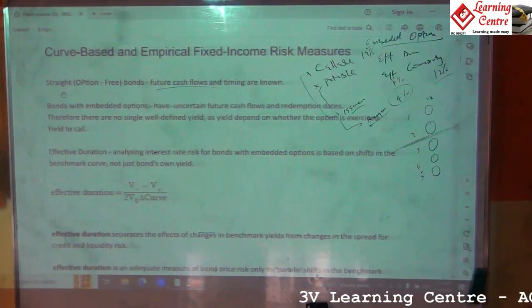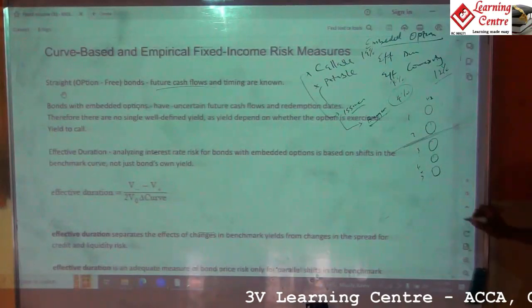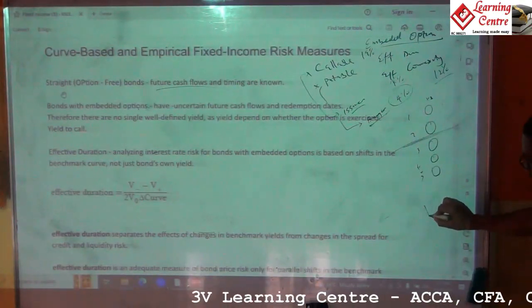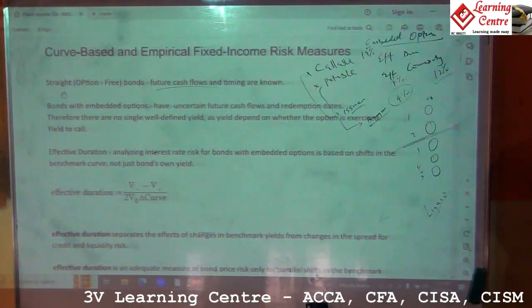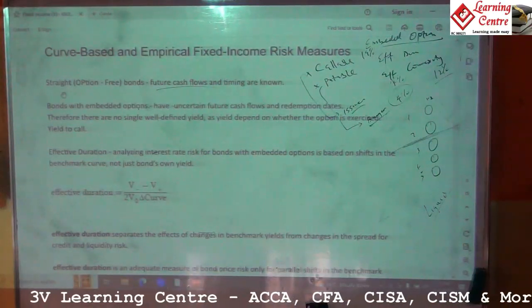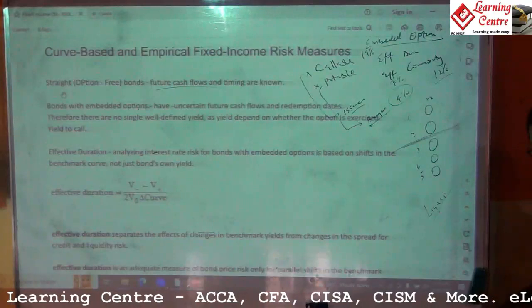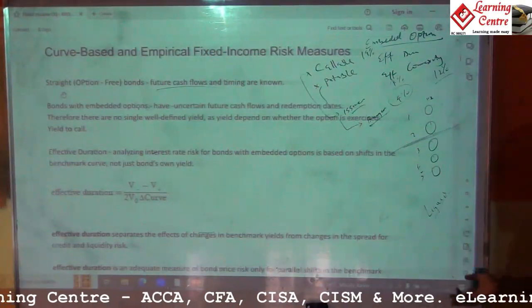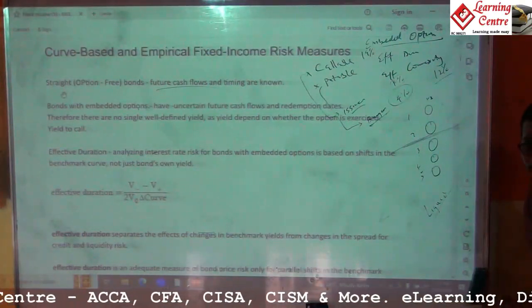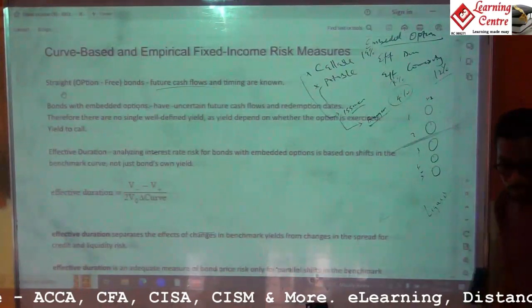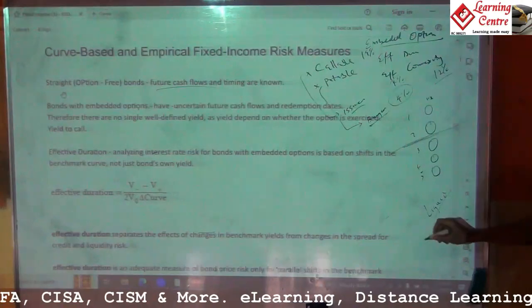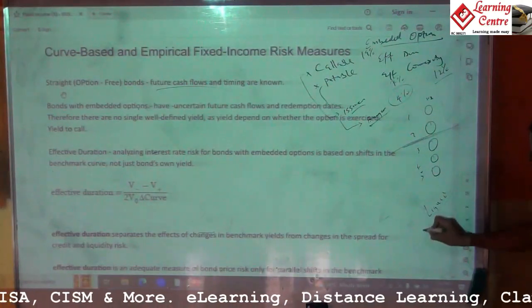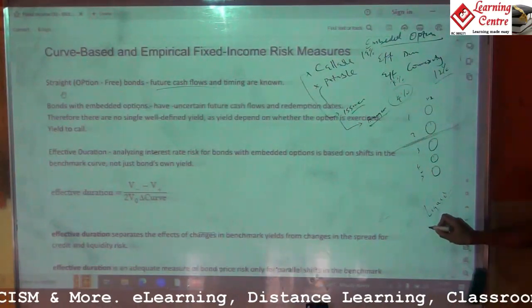Just because there's a secondary market doesn't mean the market for that particular bond will be liquid. You can see my car is for sale, but if I go to Allen today, he won't buy it. Liquidity is a very important thing: there must be a market for the particular bond.